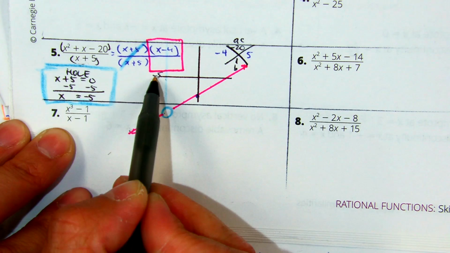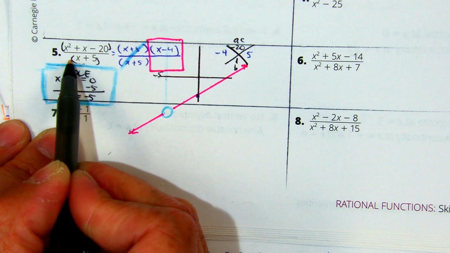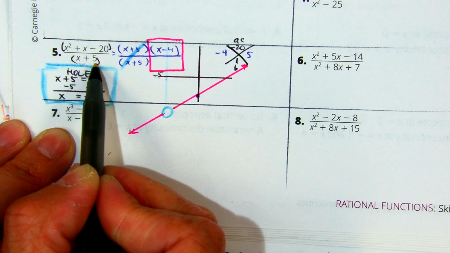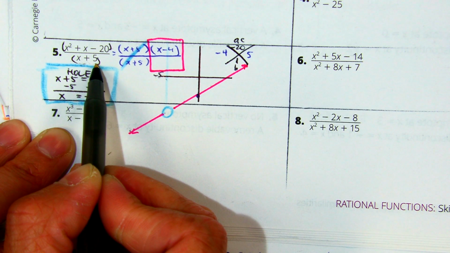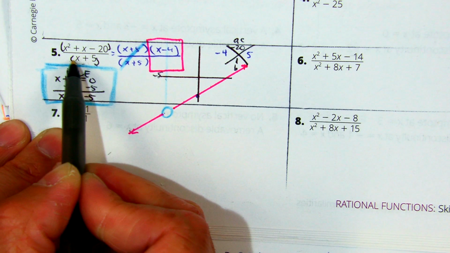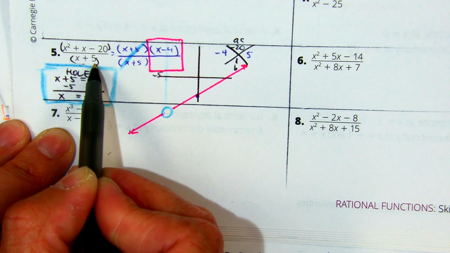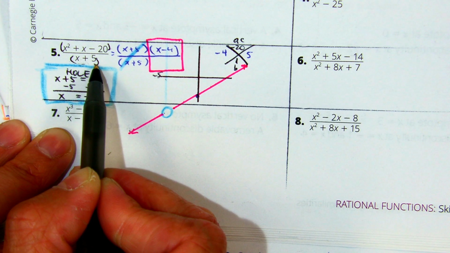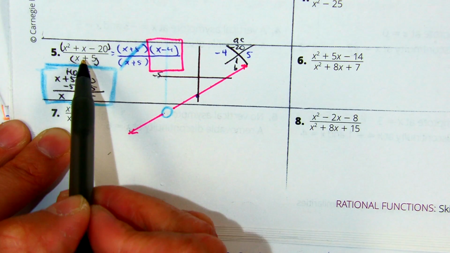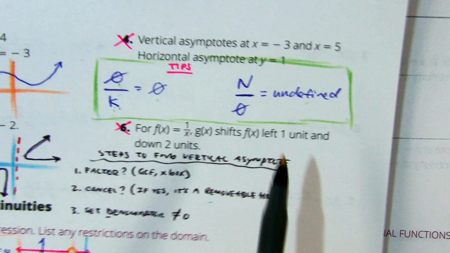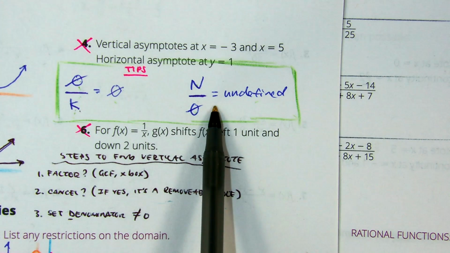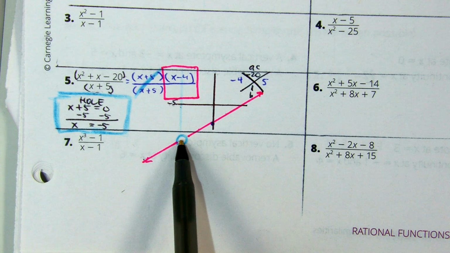Class, if I put in -5, -5 plus 5 is? 0. We just wrote down anything divided by 0 is undefined. The donut hole means that it's undefined.